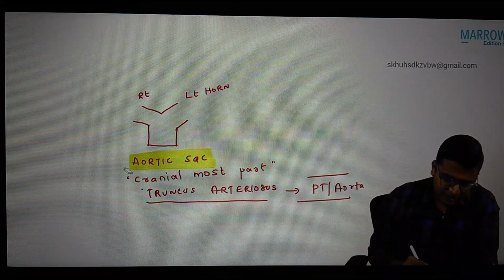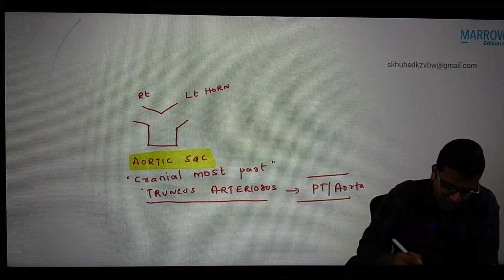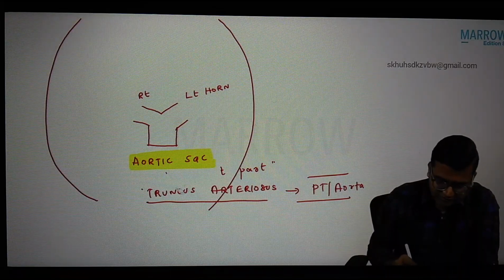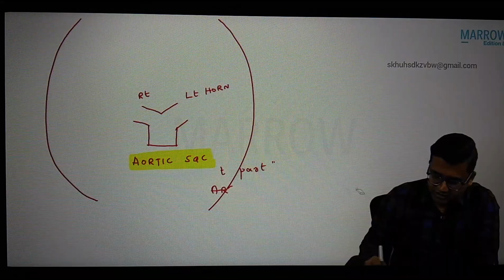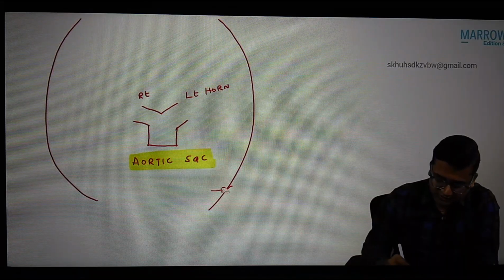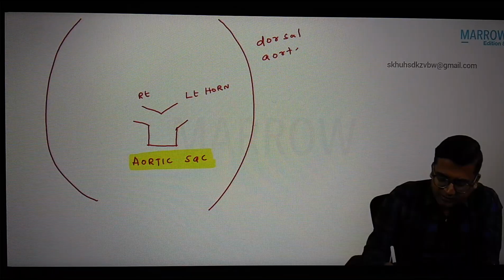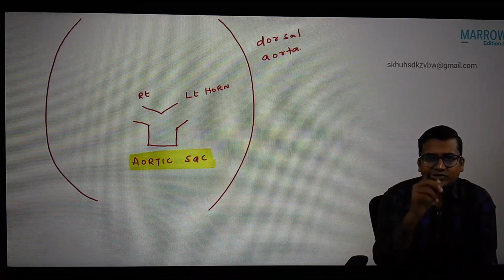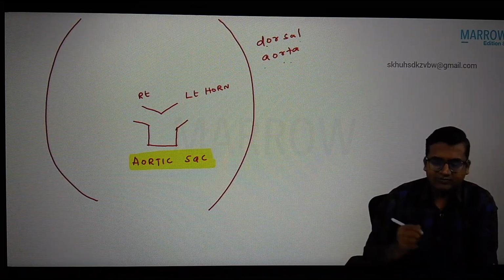Okay. Now on either side behind the heart tube, we have the dorsal aorta. Now I will erase all this. So now this is our dorsal aorta. The name itself gives you a clue. We have 2 dorsal aortae present behind the heart tube. That is why it is called dorsal aorta.